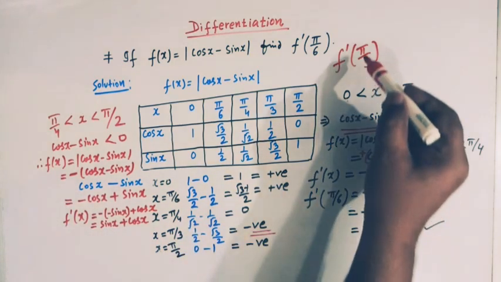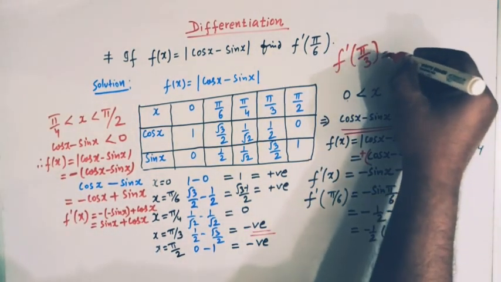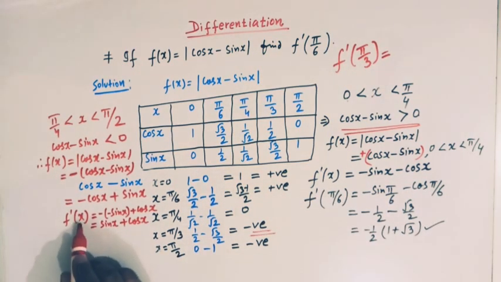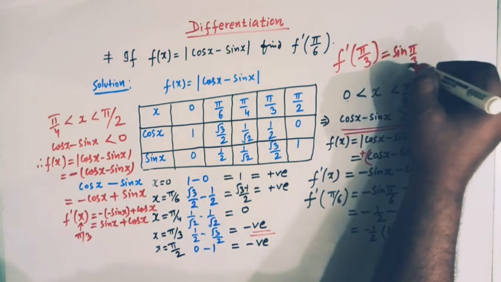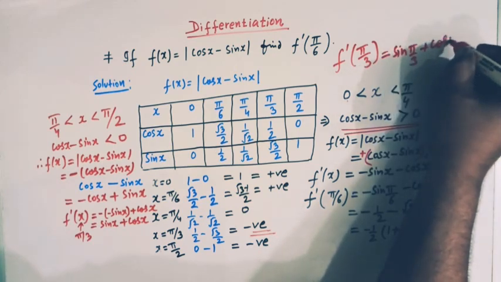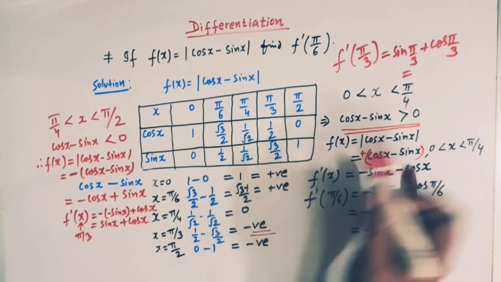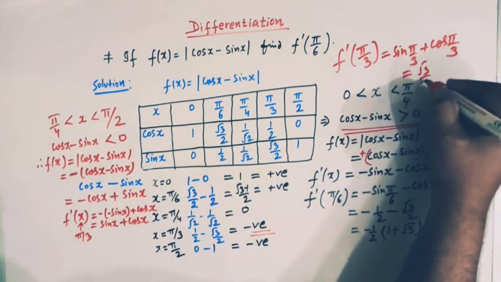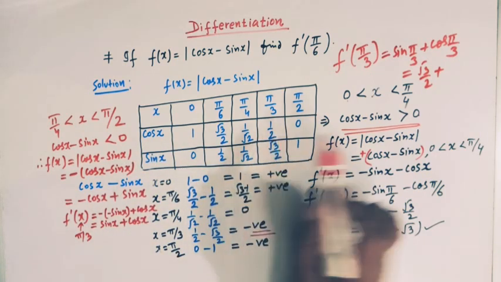Now the value of f′(π/3) can be written by substituting x equal to π/3. So we have sin π/3 + cos π/3, and sin π/3 is √3/2 and cos π/3 is half.